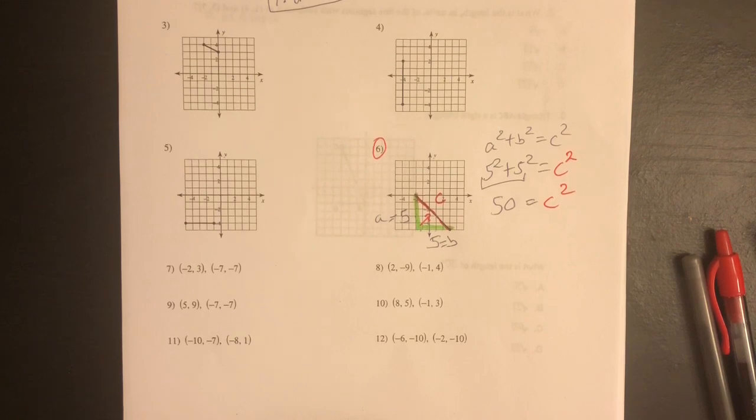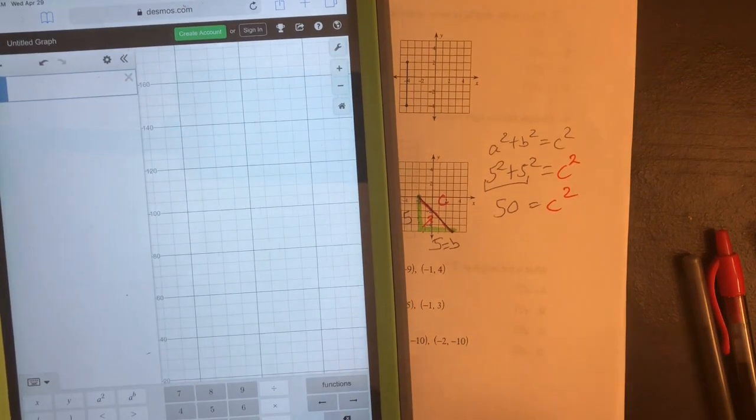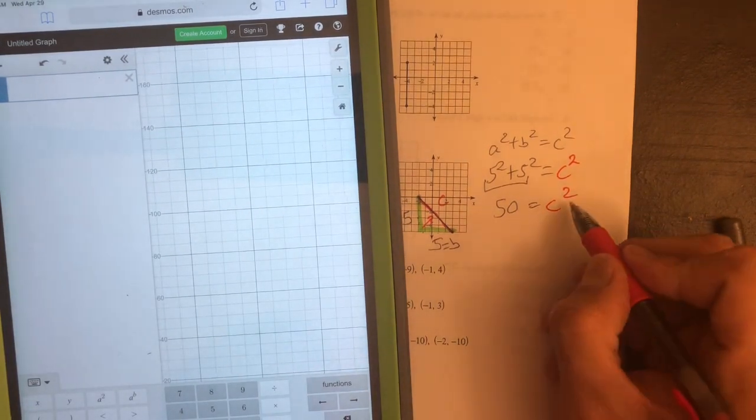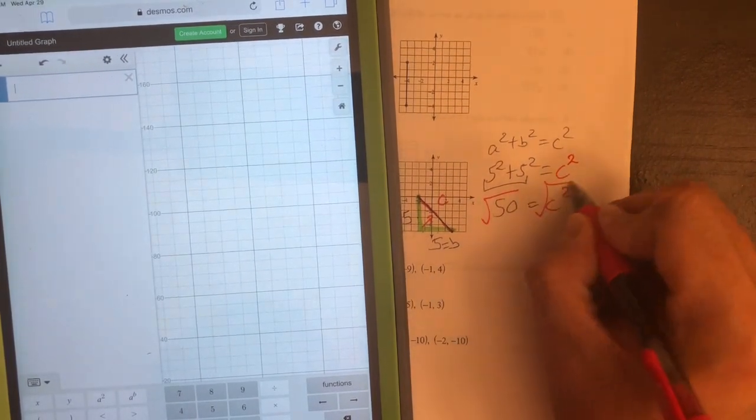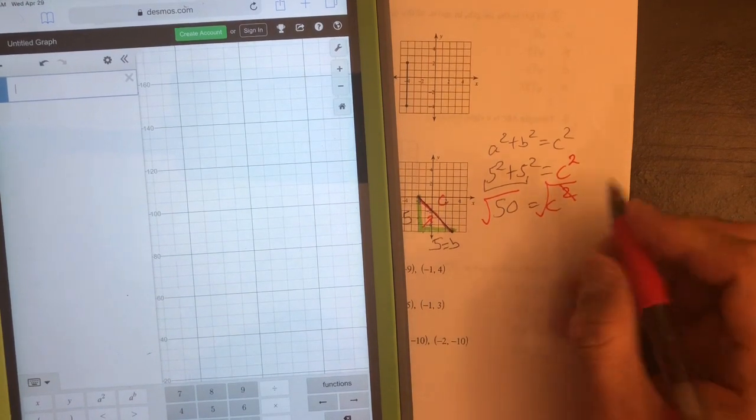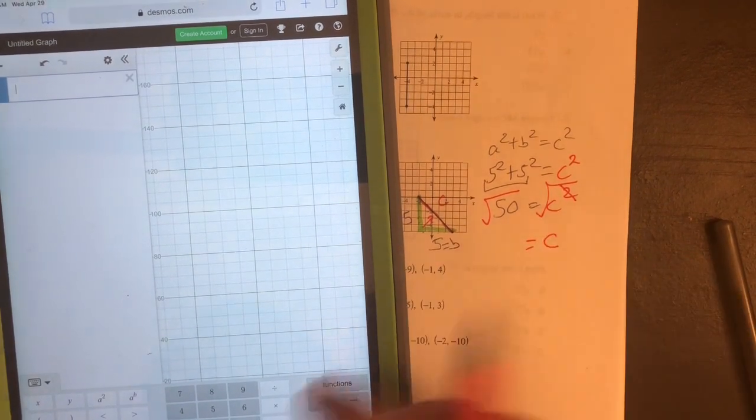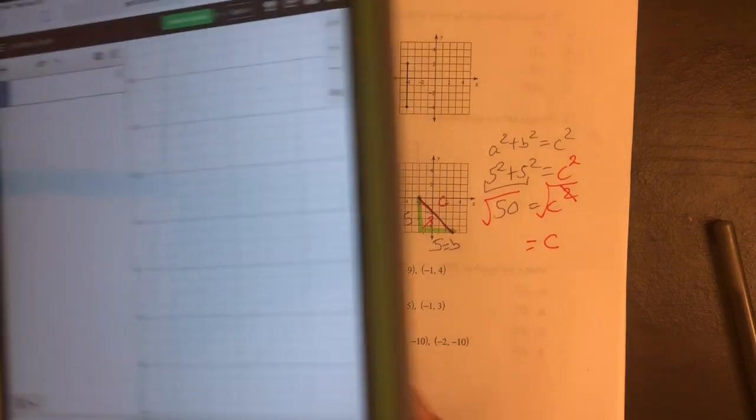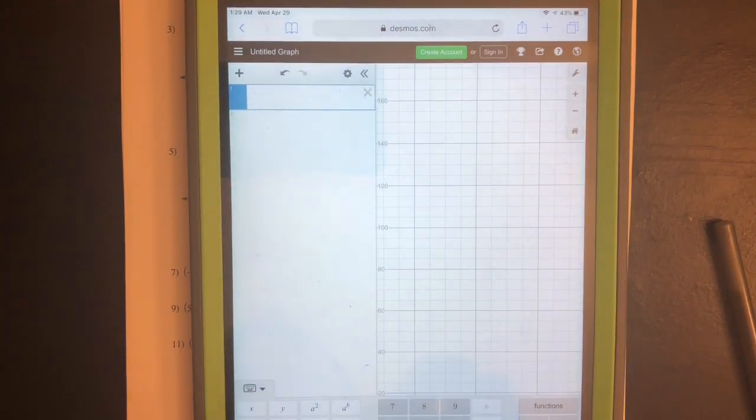Okay. Let's figure out the square root, because the opposite of a square is square root, and when you take the square root of a square they cancel themselves out and you're left with C equals, let's see what Desmos tells us for the square root of 50.